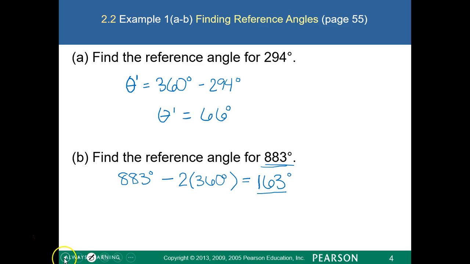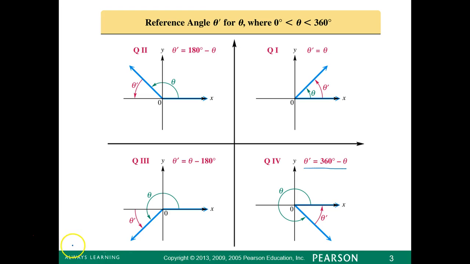So, let's go back over. 163, that angle is somewhere between 90 and 180, so that's in our second quadrant. This is what we're going to do to find the reference angle if our angle lies in the second quadrant: take 180 and subtract our angle theta from it.